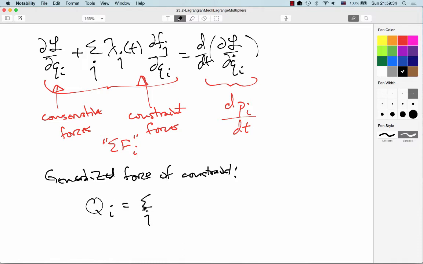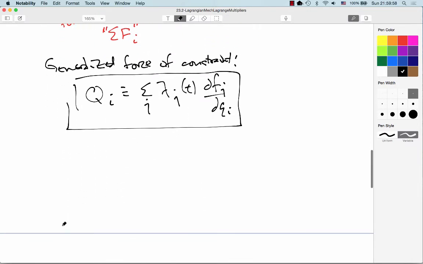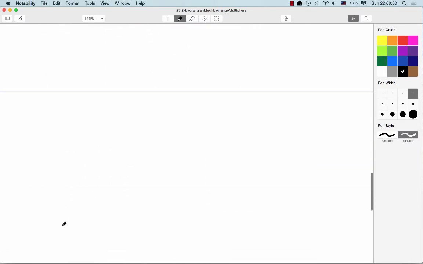Well, if we just define that to be the sum over j of all of my Lagrange multipliers times partial fj partial qi. All right, so like I said before, these constraint forces could either be forces or torques. So let's go do an example, shall we?